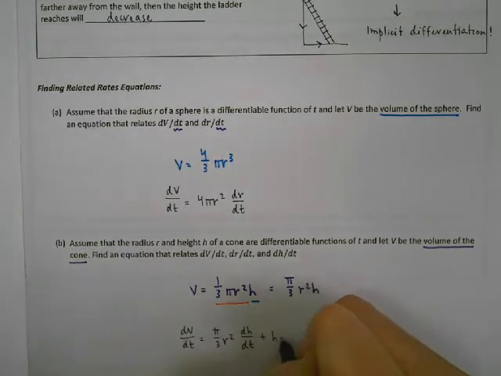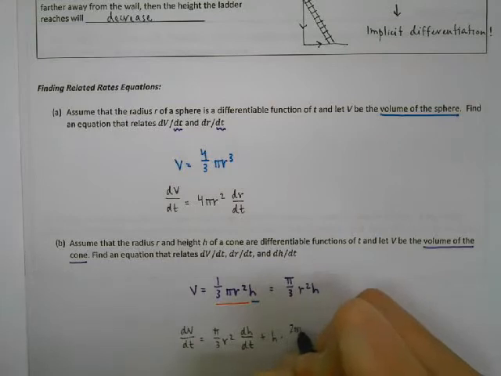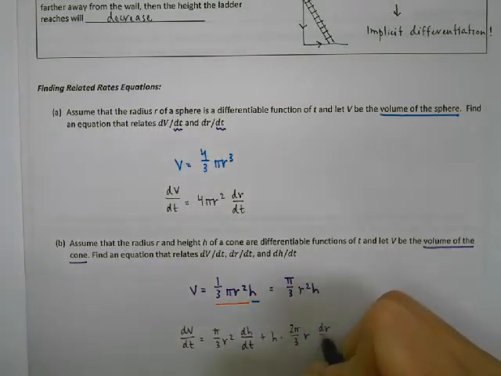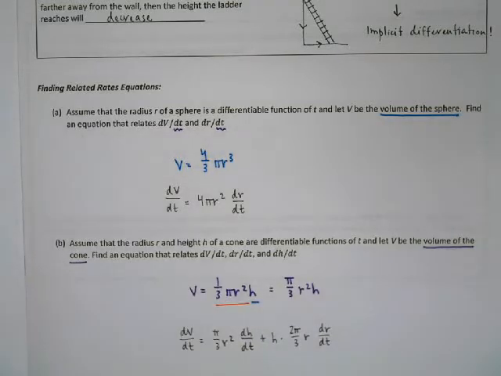So I'm going to get times 2 pi over 3 r, and then I have dr/dt. It looks a little bit messy, but that'll give us our equation that relates dh/dt and dr/dt to dv/dt.